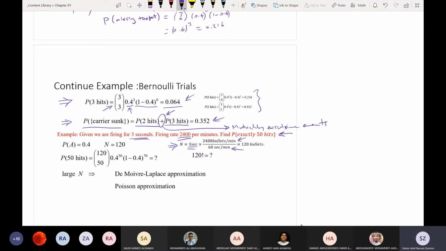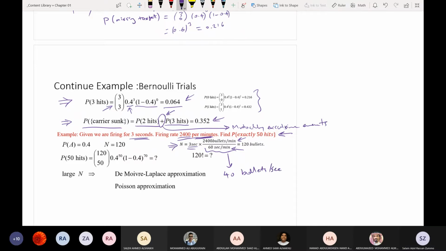It's 3 seconds multiplied by the rate of bullets per second. We don't have the rate of bullets per second. We have the rate of bullets per minute. So we change it into seconds. 2,400 bullets per minute divided by 60 seconds per minute, which gives us 40 bullets per second.